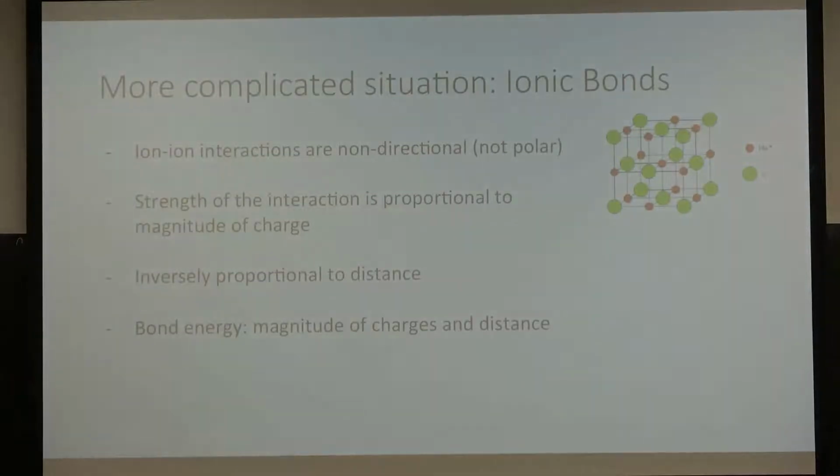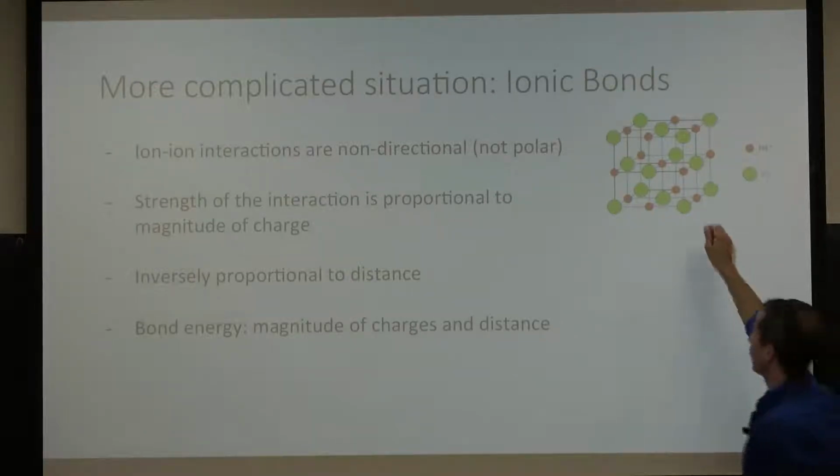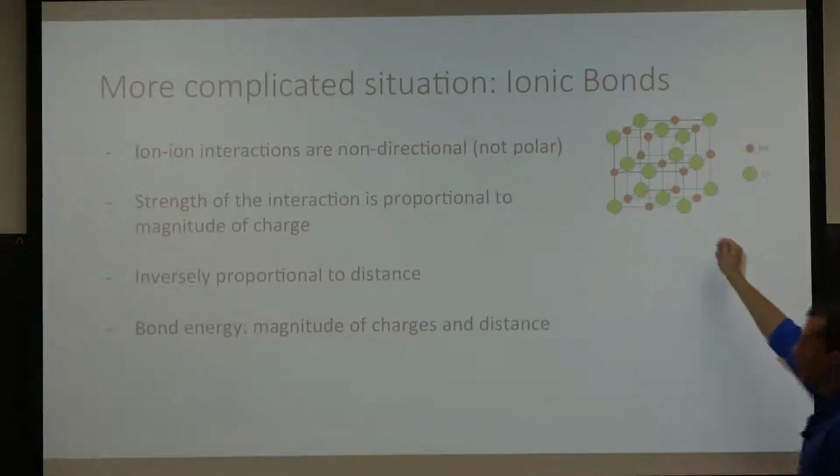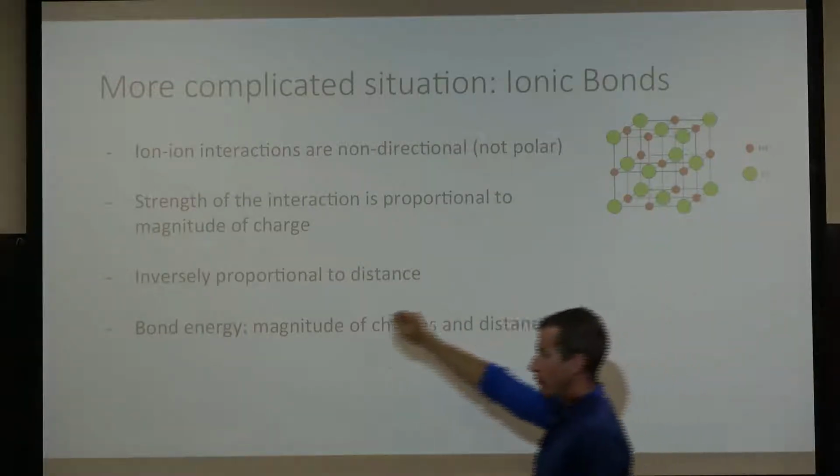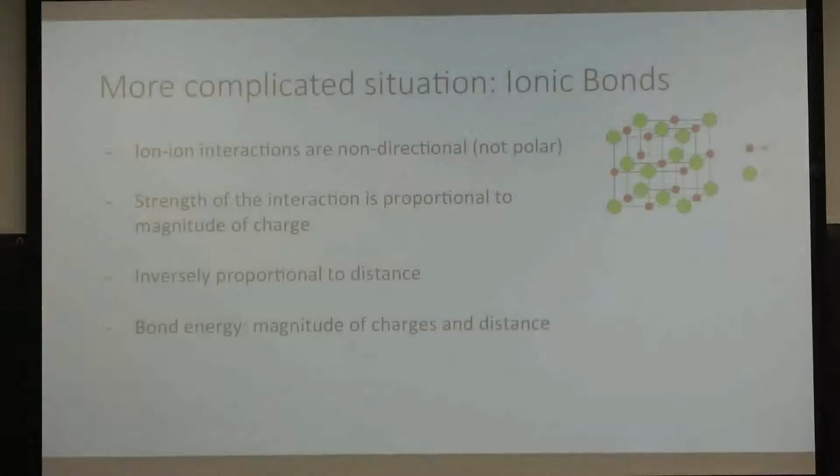So it's not like there's a polar ionic bond or a non-polar ionic bond. These are non-directional interactions. So the strength of the interactions here, it kind of makes sense, is proportional to the magnitude of the charge and inversely proportional to the distance between the ions.